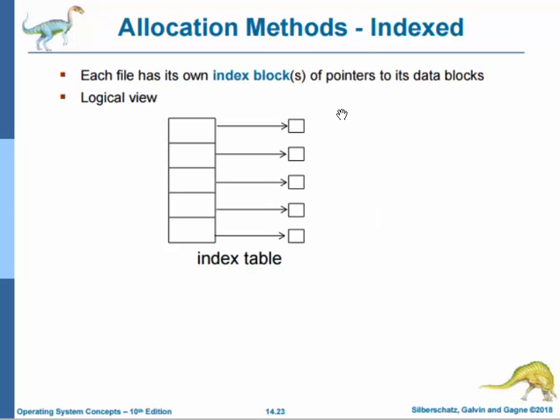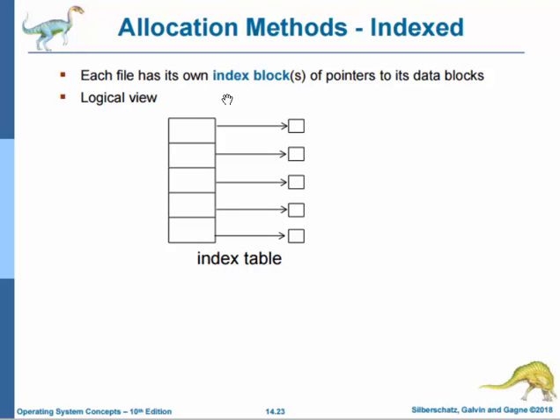So link allocation solves the external fragmentation and size declaration problem of contiguous allocation. However, in the absence of FAT, link allocation cannot support efficient direct access since the pointers to the blocks are scattered with the blocks themselves all over the disk and must be retrieved in order.